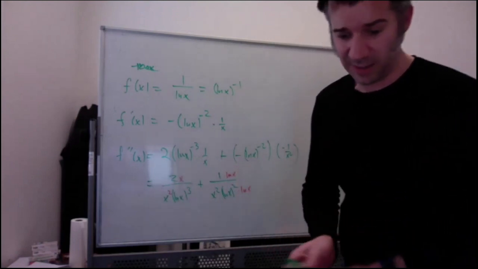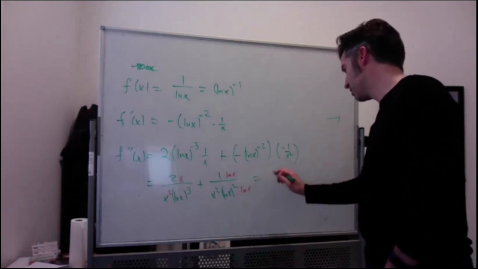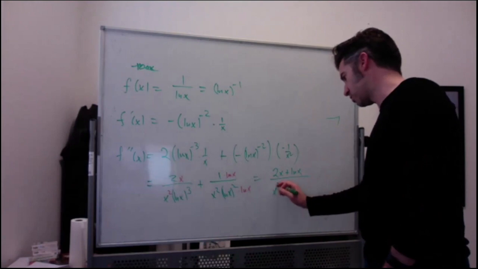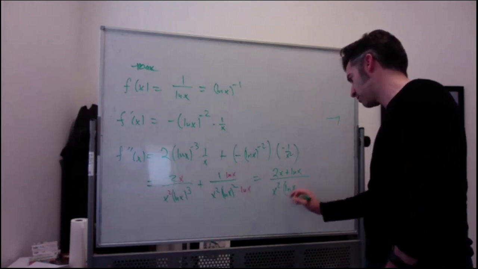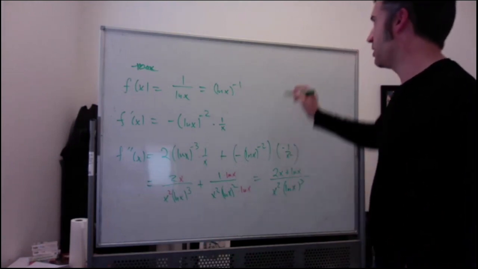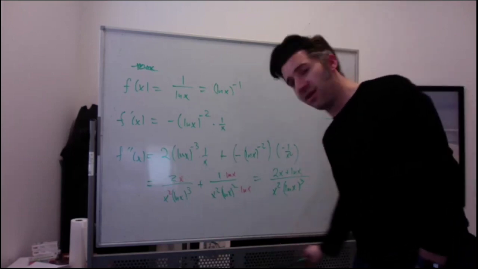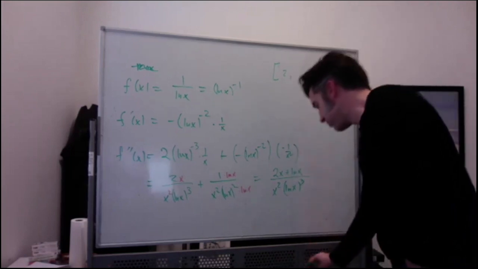So here's what I've got: 2x plus natural log of x over x squared times the natural log of x cubed. And again, I'm on the interval from 2 to 8.